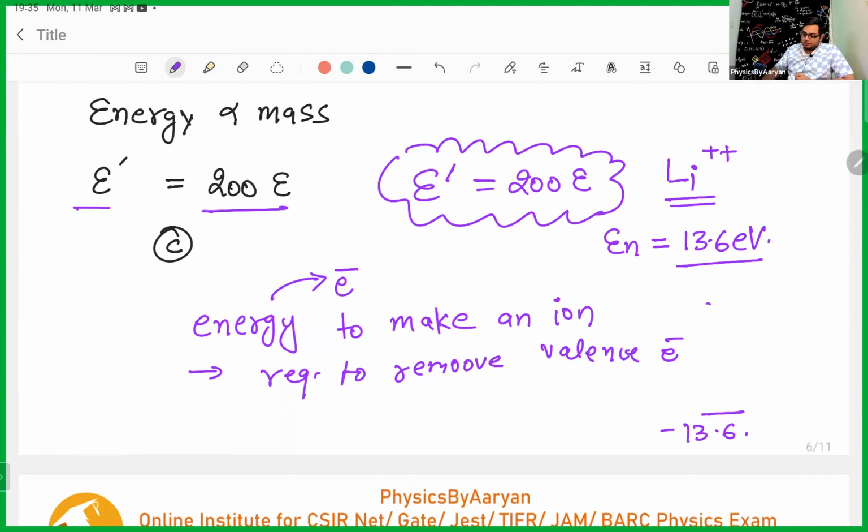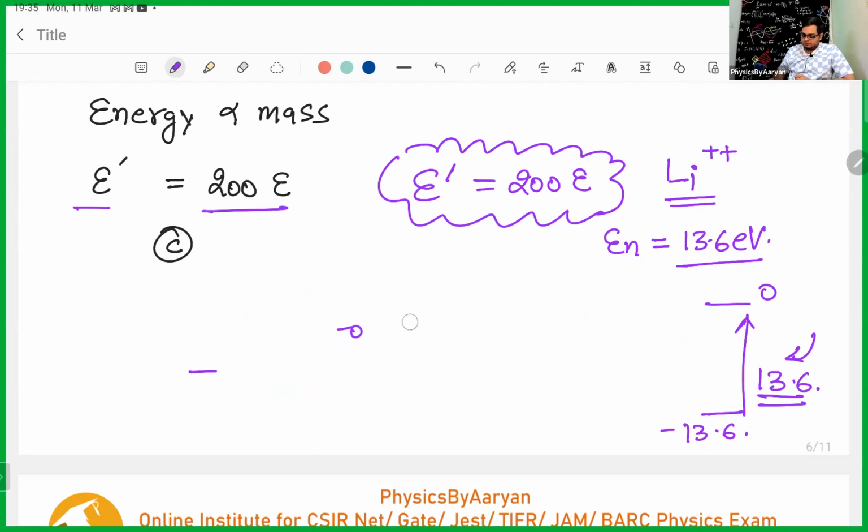If you come out, what will your energy be? 0. So how much energy do you have to give? Basically you have a loan of minus 13.6, and you want to come to 0. So how much money do I need to give you? Plus 13.6.